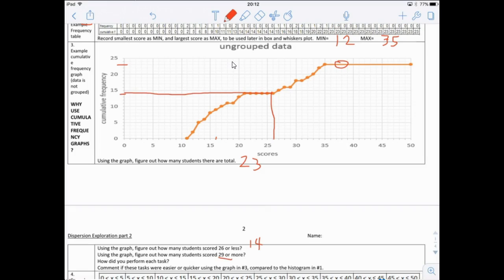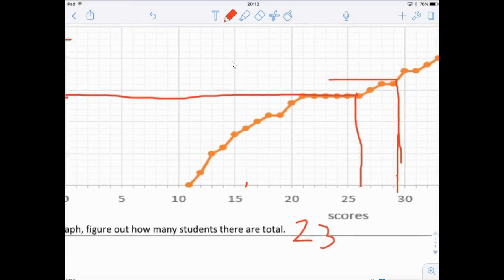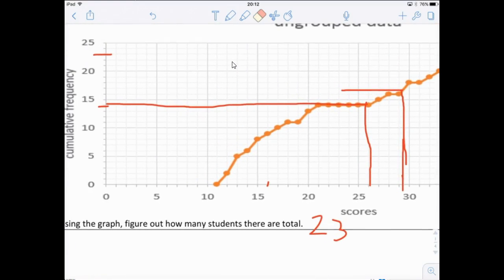Using the graph, figure out how many students scored 29 or more. So now we're going to do the same thing, except now we're going to draw a line at score 29, and then when we hit the orange line, we're going to go across. It's kind of hard to draw this line well, but we can see that it's going to hit the vertical axis at 16.